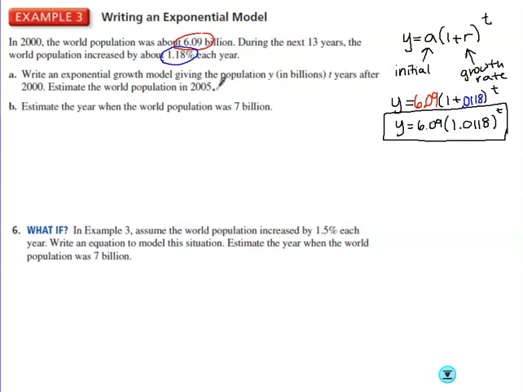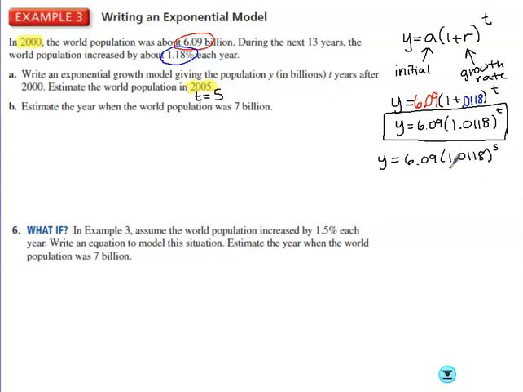Then to estimate the population in 2005, we started in the year 2000. t is the time that's gone by since the year 2000. If we want to look at the year 2005, that means that t is going to be 5. So I input that 5, 6.09 times 1.0118 to the power of 5, and then we use a calculator to do the computations.